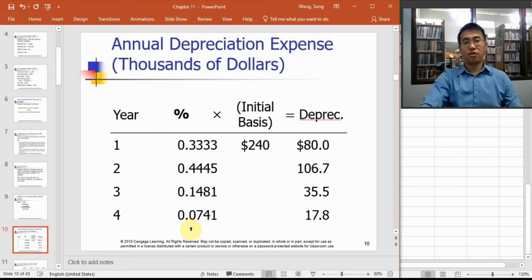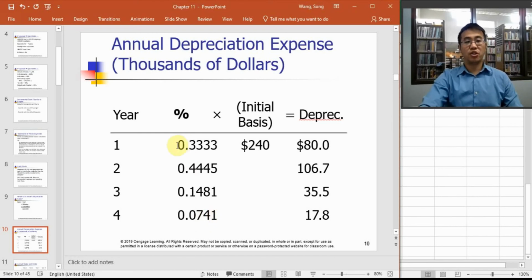So that means for this 3-year asset, if you use it for 4 years, then at the end, all of it will be depreciated. Then you will have a 0% value left. And if you use the machine for 3 years only, then after 3 years, you will have a 7.41% value left as the ending book value.